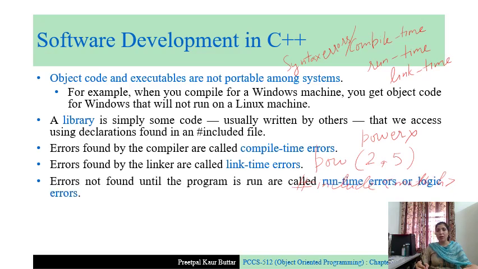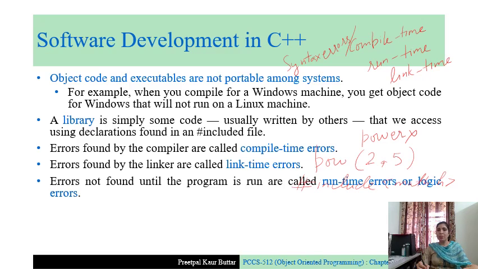Errors not found until the program is run are called runtime errors or logic errors. They are due to some mistake or some problem in the logic we are using to write the programs, and they are not detected by the compiler or linker. They are detected only when we run the program.